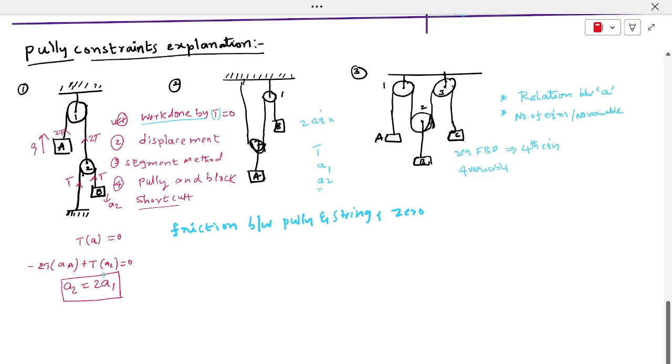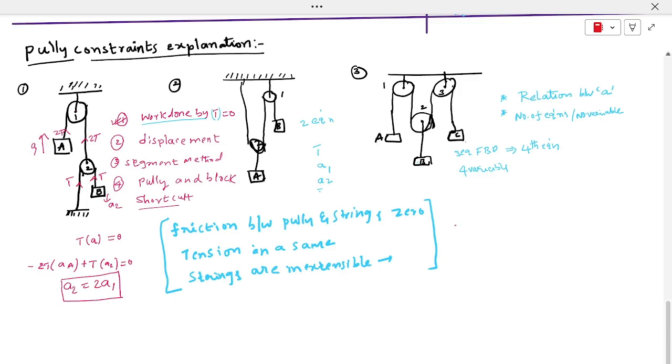No friction, so tension is the same everywhere. Tension in a string is the same everywhere, and strings are inextensible. These are the main considerations in constraints and in NLM also.